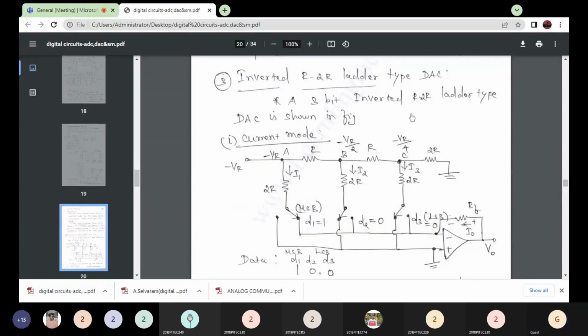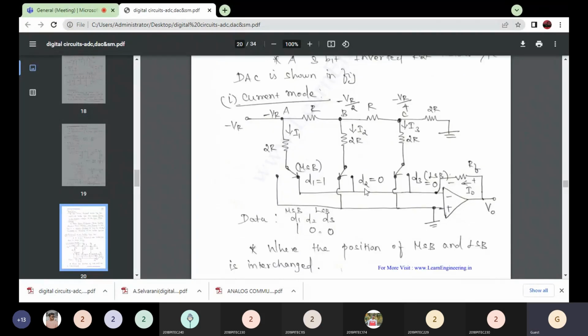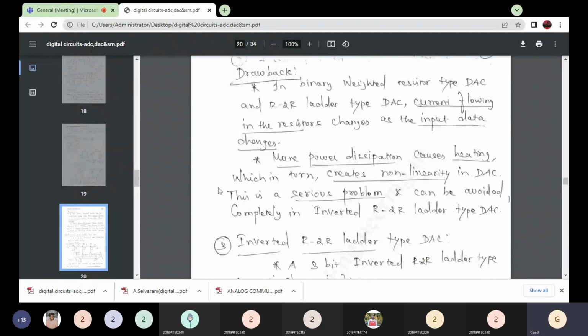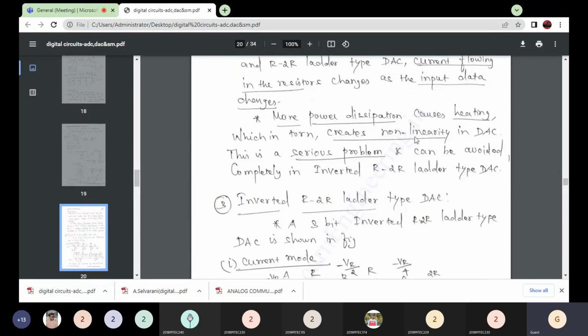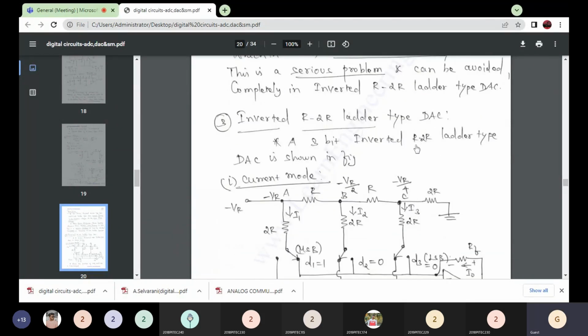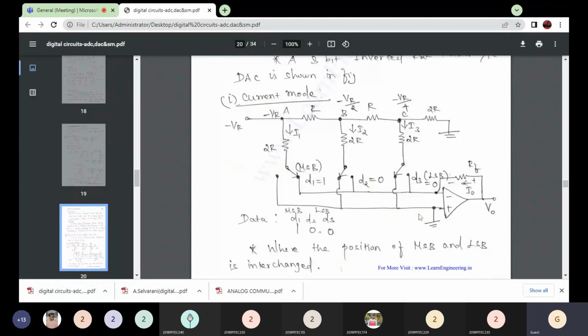What is the disadvantage of the previous one? The current flowing through the resistor changes depending upon the input data, so the serious problem is non-linearity. To avoid that, we go for this one.